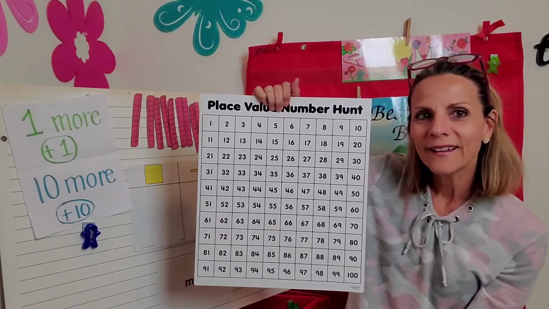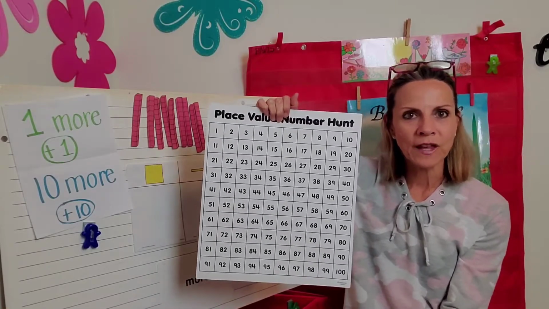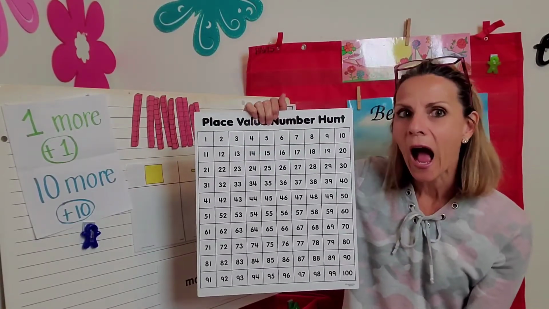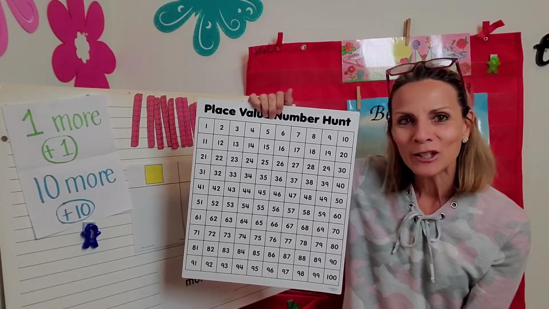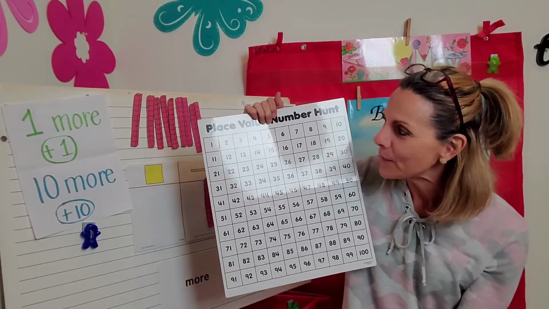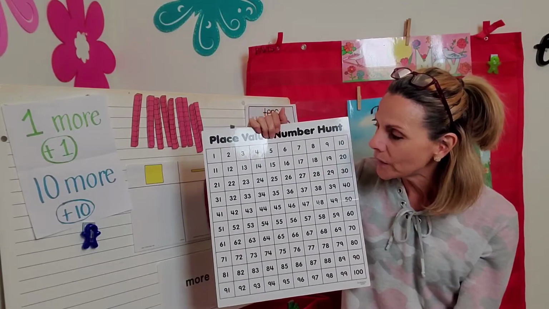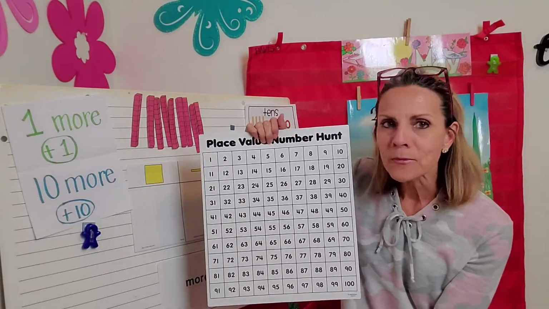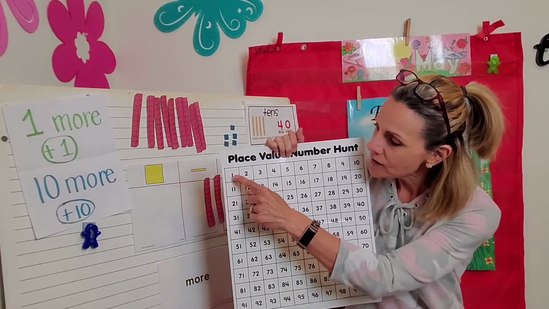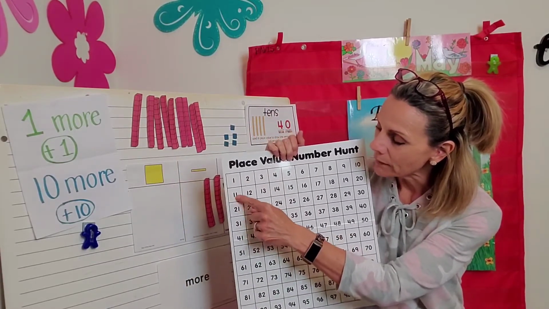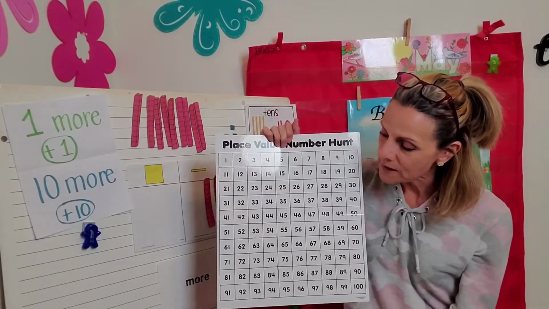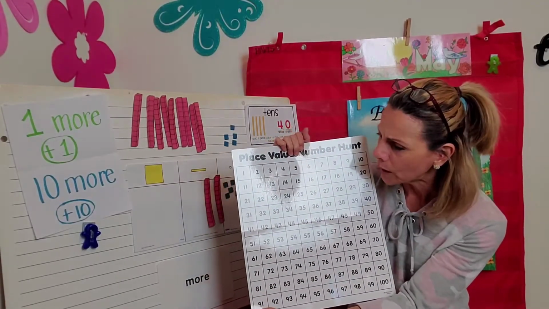Right. Well, I noticed a few things, and you decide if it's what you noticed too. I'll share mine, and then you nod at me if you thought the same thing. The first thing I noticed was, I'm just going to go down the first column. It starts with 1, and then 11, and then 21, 31, 41, 51, 61, all the way down to 91.